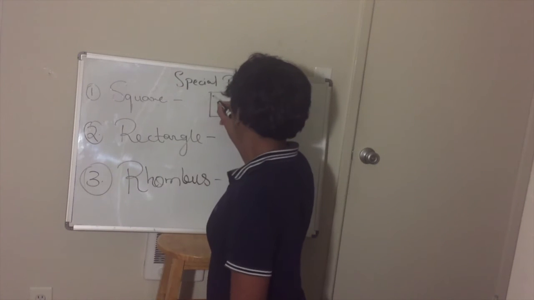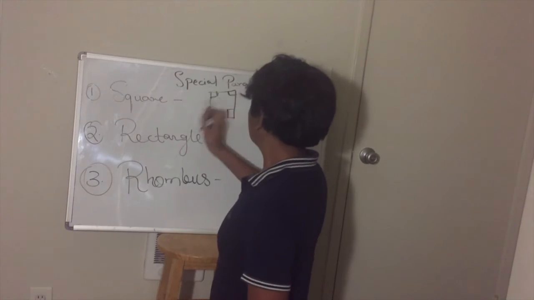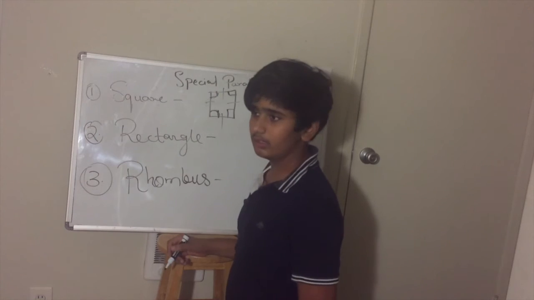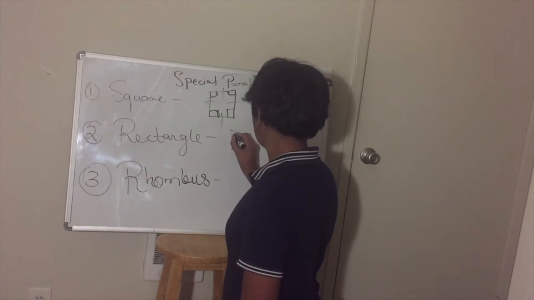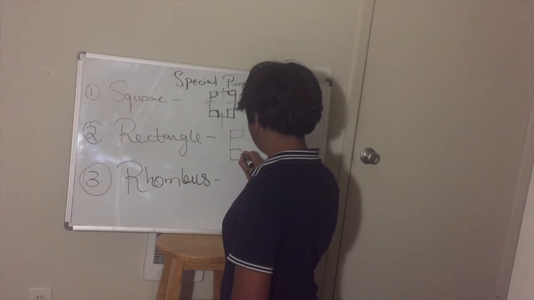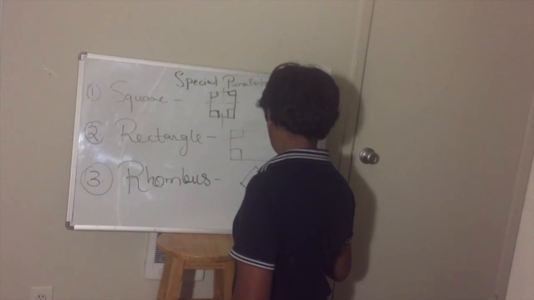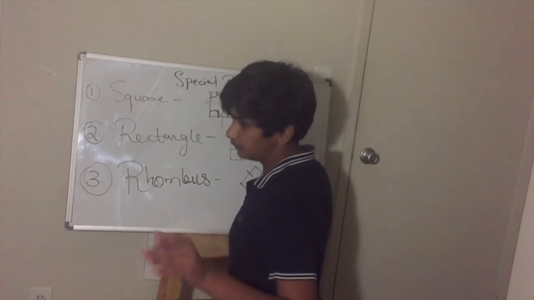It has all right angles and all sides congruent. In a rectangle, all angles are right angles. And in a rhombus, all sides are congruent. Sorry, I mixed that up: the right angles are for the rectangle.